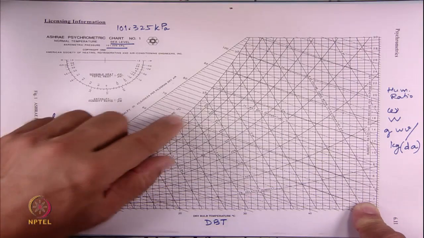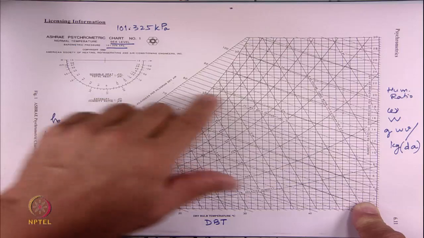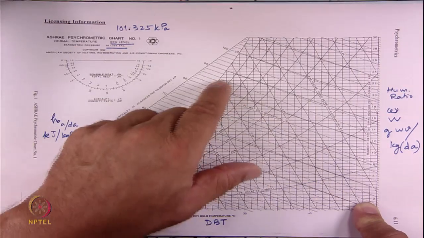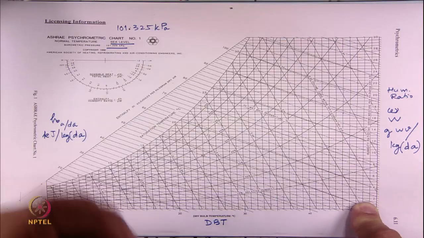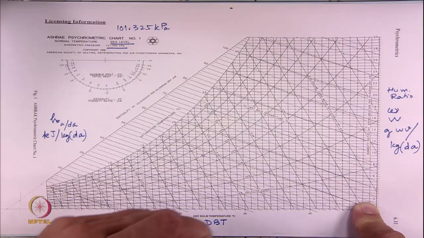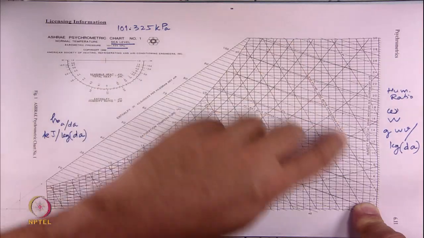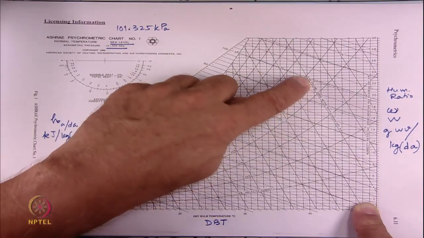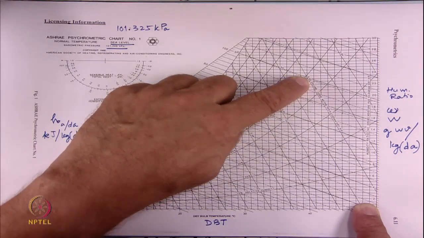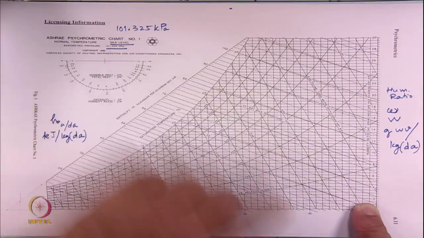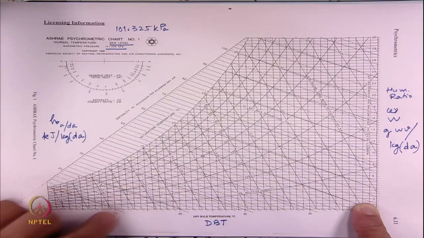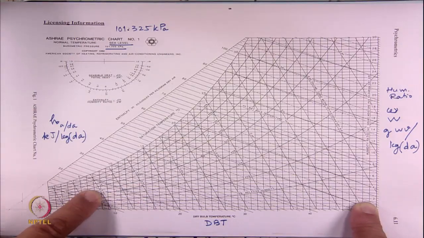So, here that is 25, then 30 like that. And then we had the constant specific volume lines, which is here. The number here is 0.92 meter cube per kg of dry air, and like that this is 0.9, 0.88, and if we keep going down, this is 0.82, this is 0.8.